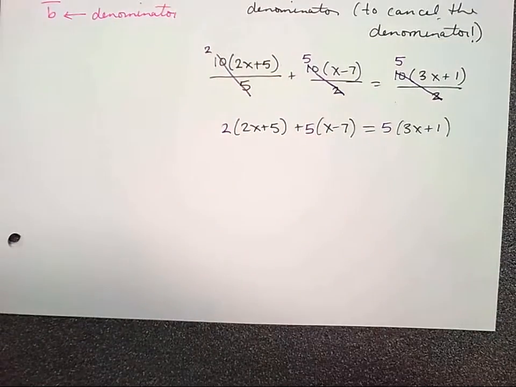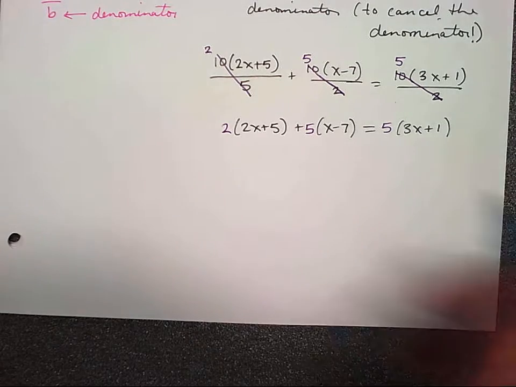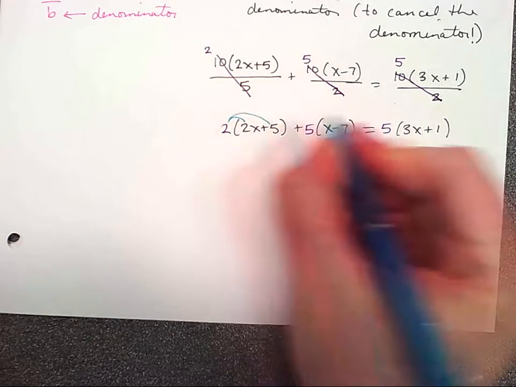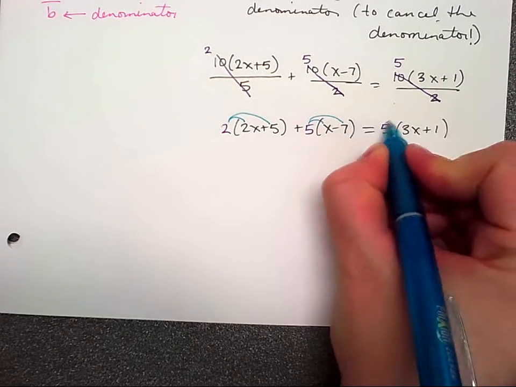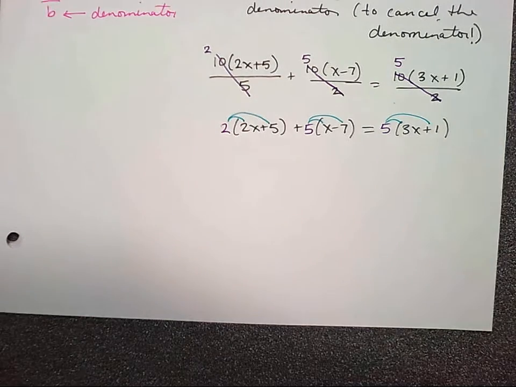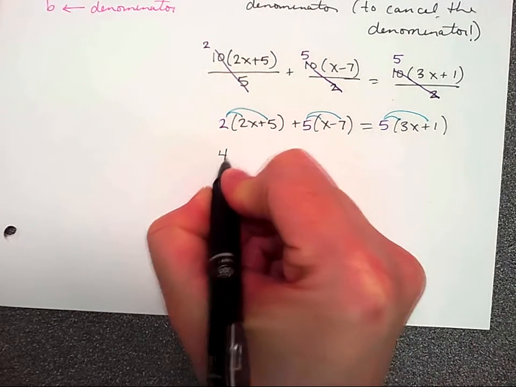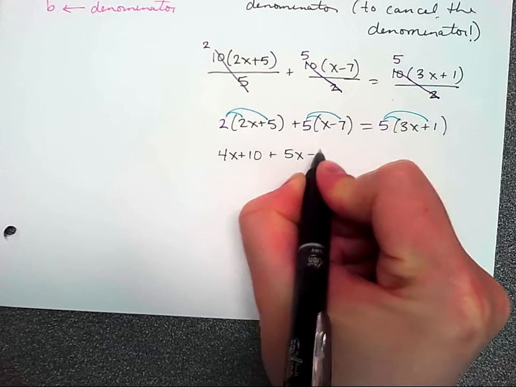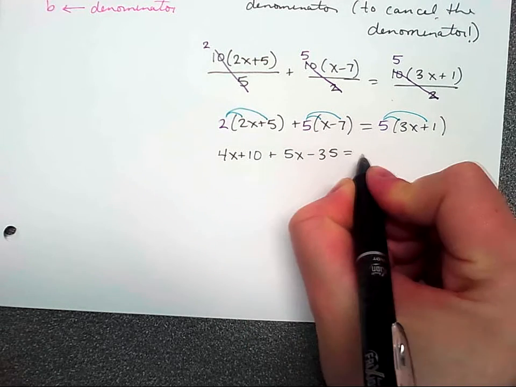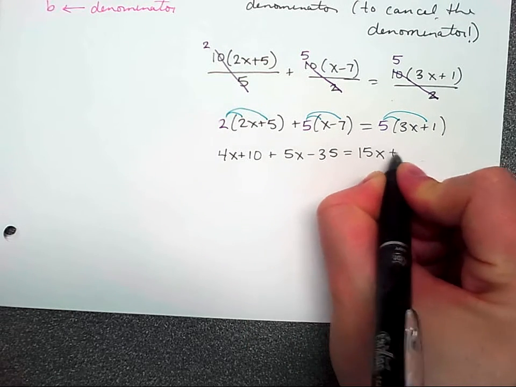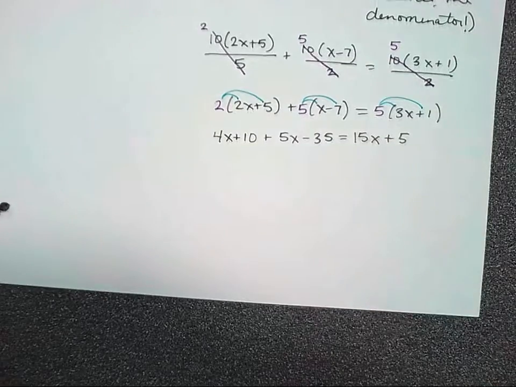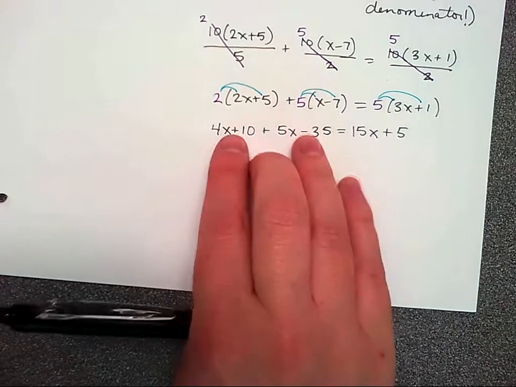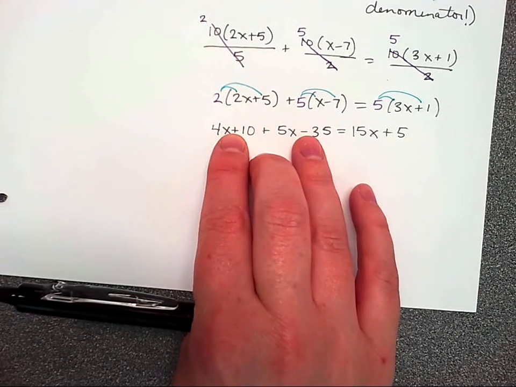So now I'm going to distribute. I'm going to distribute here, here, and here. So I have 4x plus 10 plus 5x minus 35 equals 15x plus 5. So now I'm going to simplify my left side first, right?